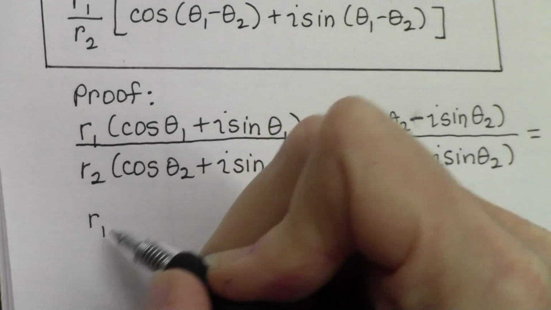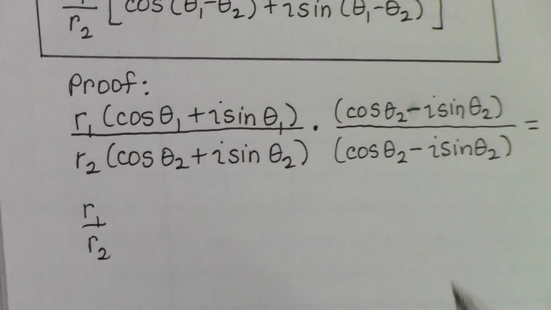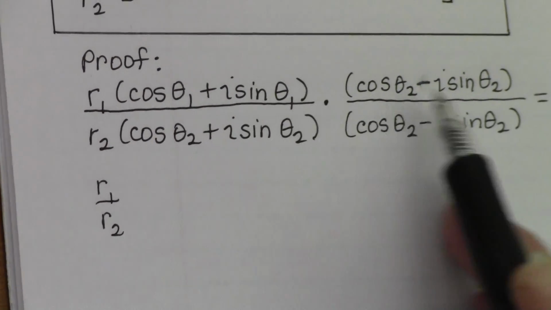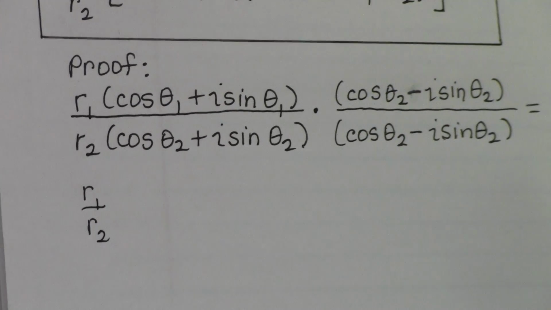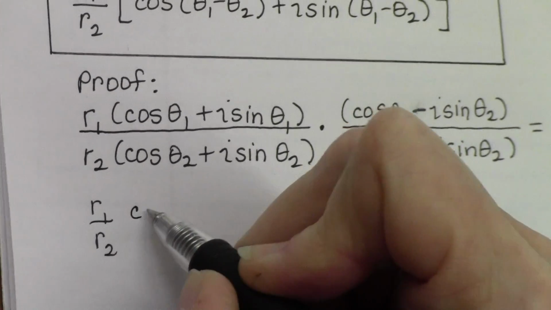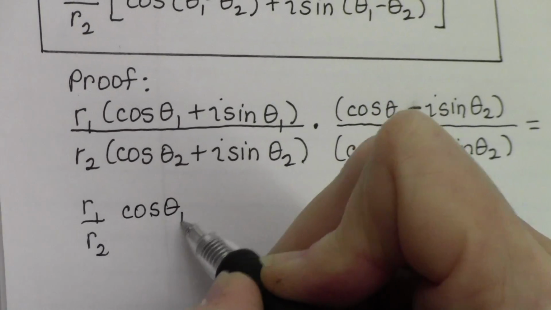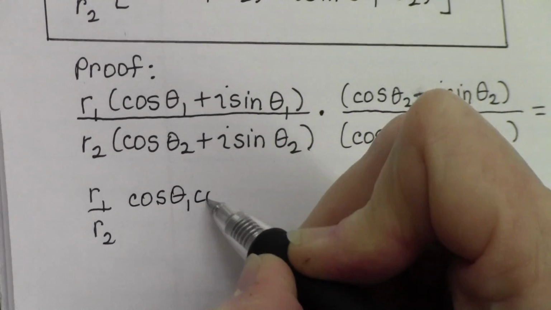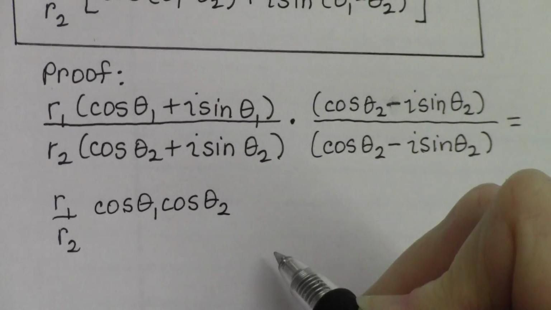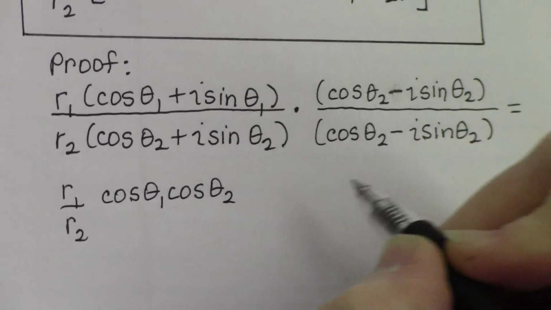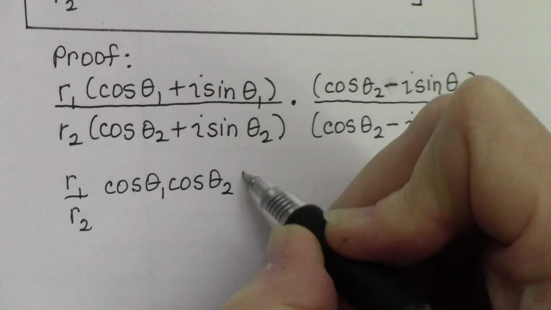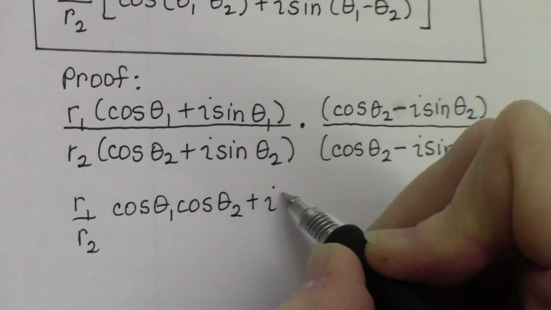Now, I have R sub 1 over R sub 2, which is fine and dandy. The rest of the mess I need to FOIL, and then I will need to simplify. So in the numerator, I'm going to do cosine of theta sub 1, the first term, times cosine of theta sub 2, first term over here. Then we have the outers and the inners. It might actually work better if I do the inners first.